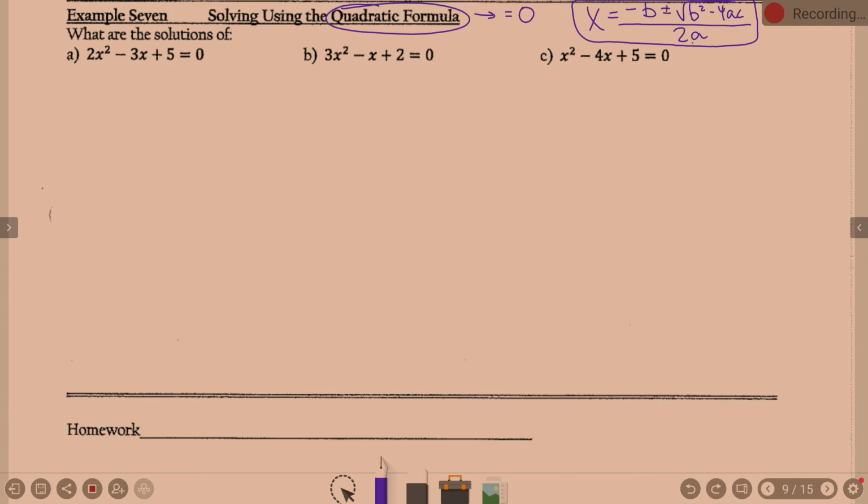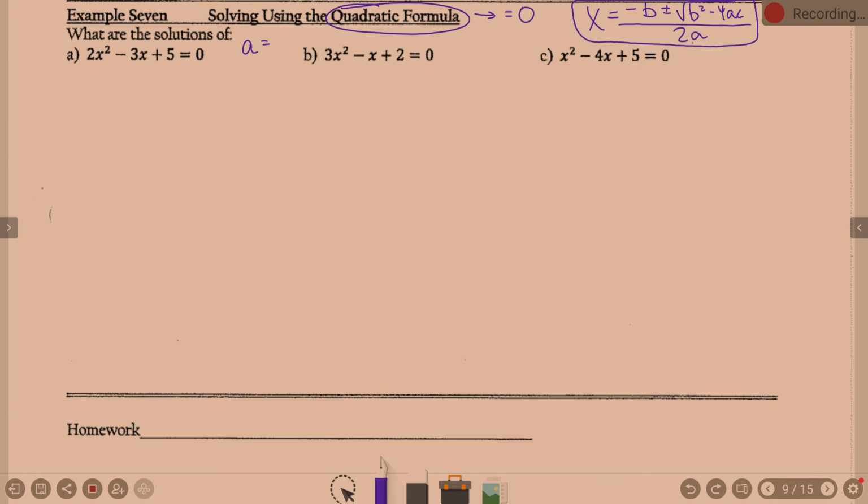Okay, so on A, first question that you're supposed to be asking yourself. Does your equation equal 0? Yes. You guys want me to do the a, b, and c's? It's up to you, right? It equals 0.